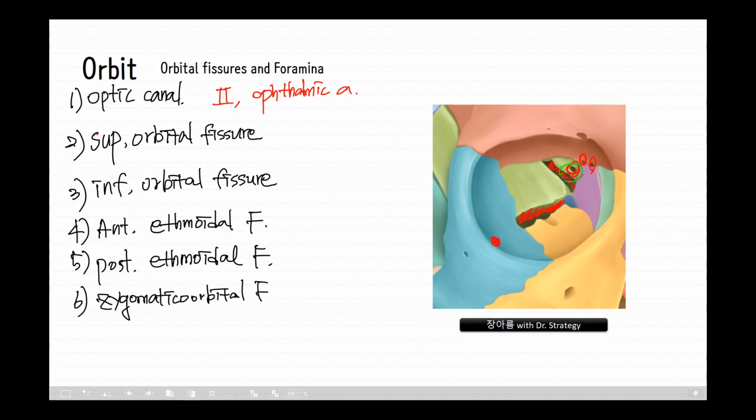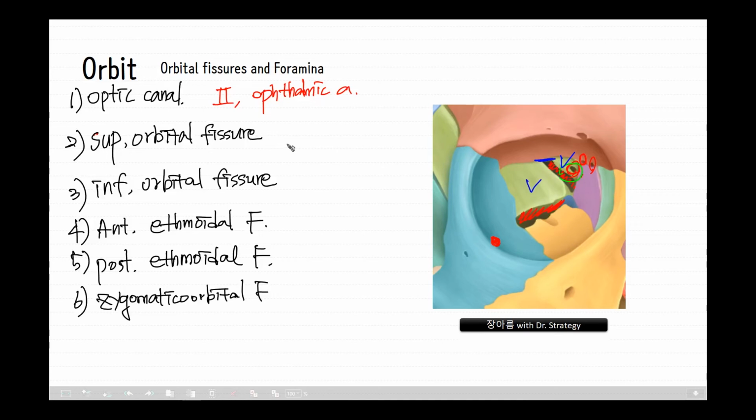The superior orbital fissure is the gap between the greater and lesser wing of the sphenoid bone, bounded medially by the body of the sphenoid and closed at its anterior extremity by the frontal bone. Here, it connects the cranial cavity with the orbit and transmits very important structures, quite many.